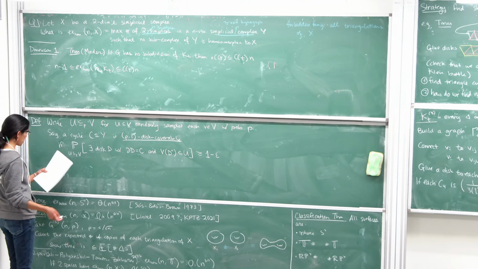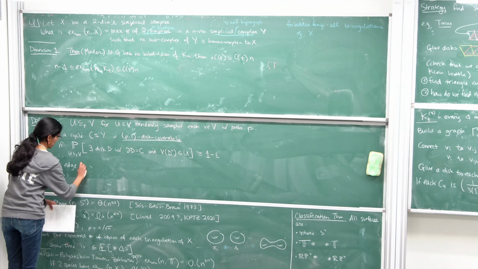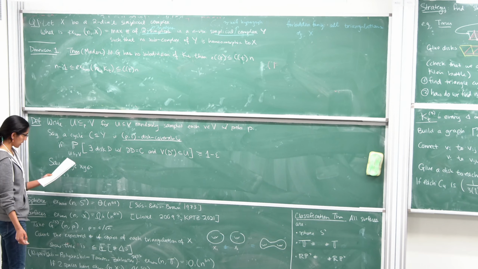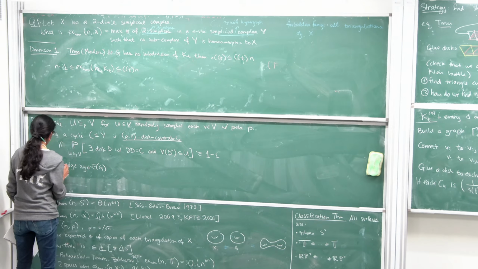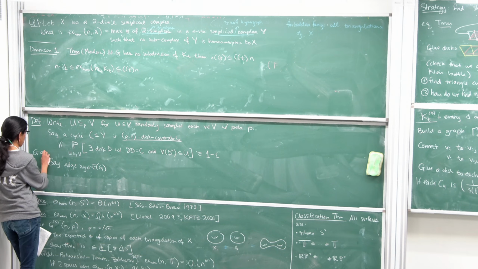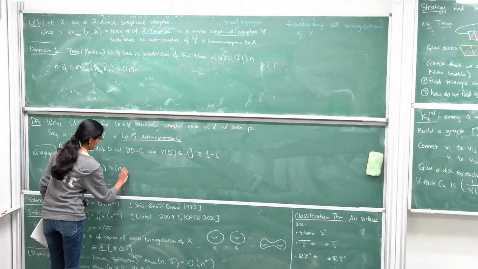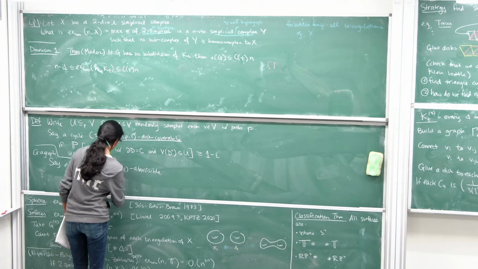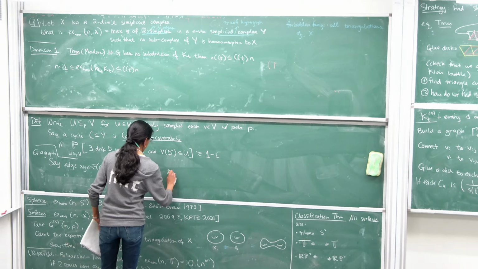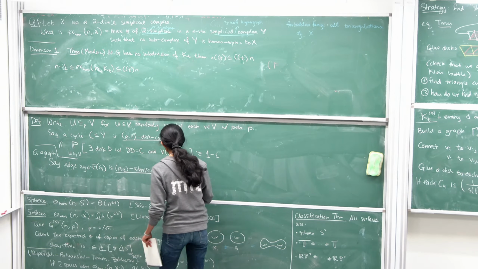So one more definition. Let G be an ordinary graph. And we say an edge xy is (p, epsilon) admissible if a similar condition holds.